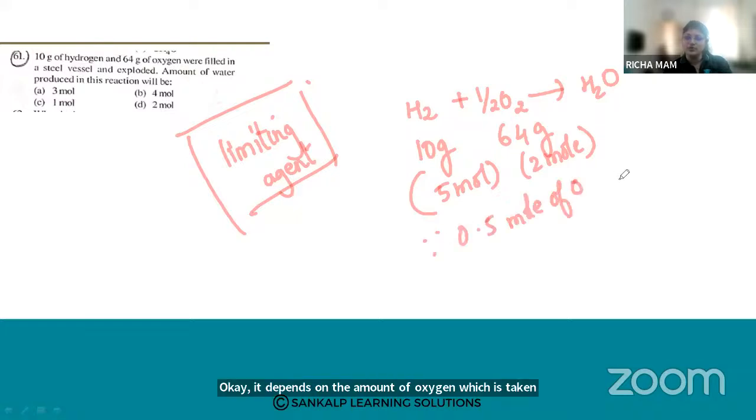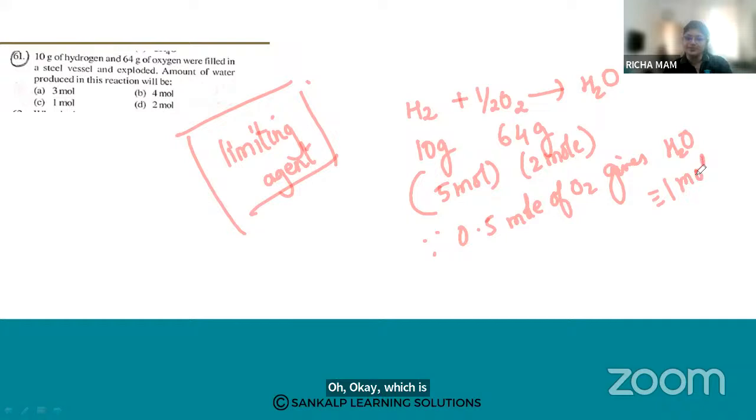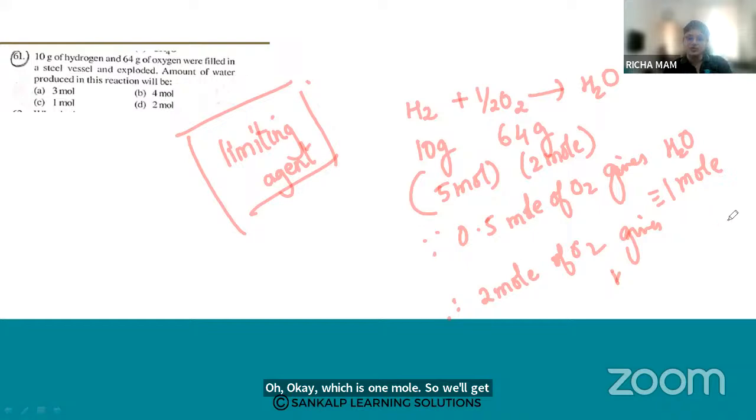Half mole of oxygen gives H2O, which is 1 mole. So therefore, 2 moles of oxygen gives water 4 moles. Option number B.